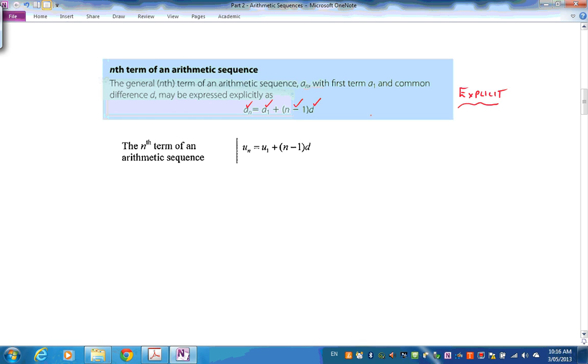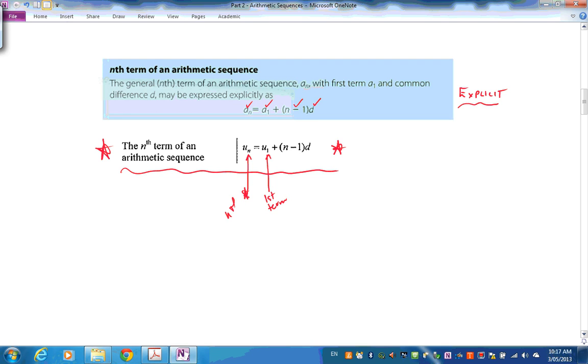Now, I've just put here a screen clipping from the IB information booklet. I think it's important that you realise this is the way it is given to you in the booklet. I mentioned in the earlier presentation they like the symbol u. So the first term is u_1.